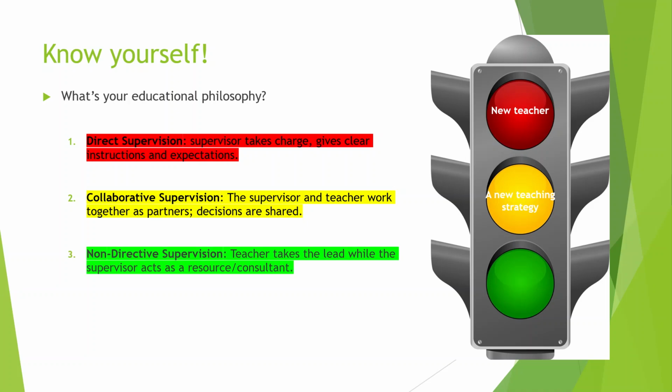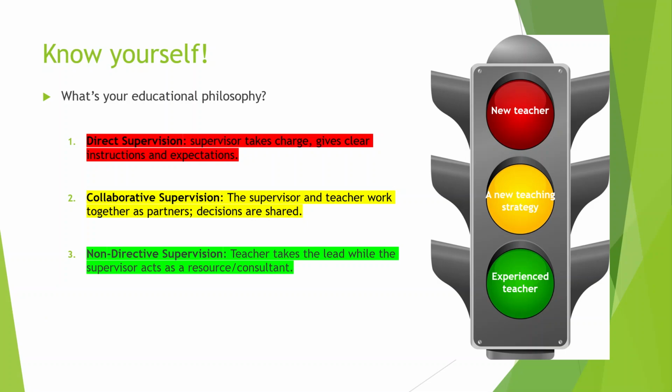The third supervision approach that is explored is the non-directive supervision. So again, this is the polar opposite of direct supervision. That's why we go from red to green, and this really allows teachers to take the lead while the supervisor acts more like a resource or a consultant for that particular teacher. So an example of this again would be an experienced teacher identifying areas of professional growth.